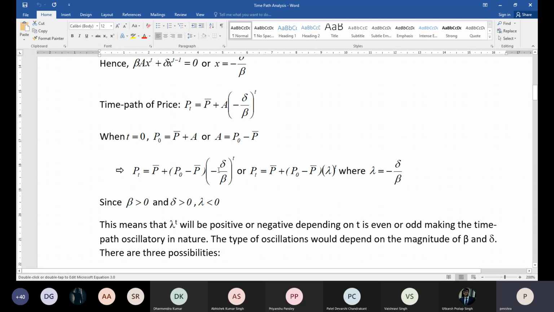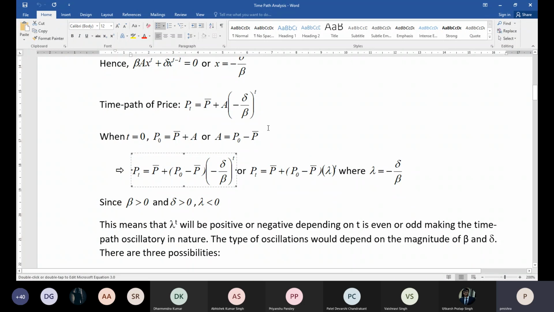But one thing is very clear, you can see there is a minus sign here, and this essentially suggests that the time path of price will be oscillatory. So there will be fluctuations. Now, whether this fluctuation would be dampening or explosive or regular depends on the relative strength of delta and beta.